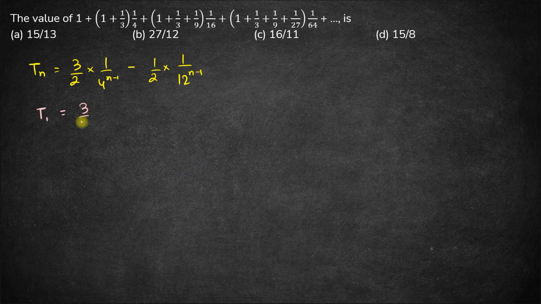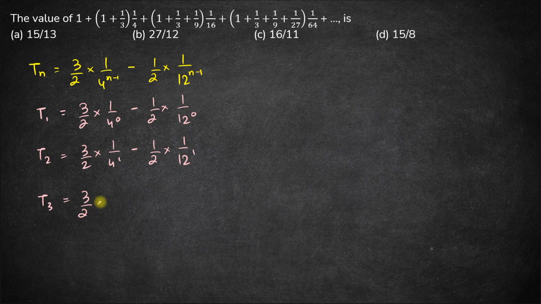First term is 3 by 2 into 1 upon 4 to the power 0 minus half of 1 upon 12 to the power 0. Second term will be 3 by 2 into 1 upon 4 to the power 1 minus 1 upon 2 into 1 upon 12 to the power 1. Similarly, third term will be 3 by 2 into 1 upon 4 to the power 2 minus 1 upon 2 into 1 upon 12 to the power 2, and so on.